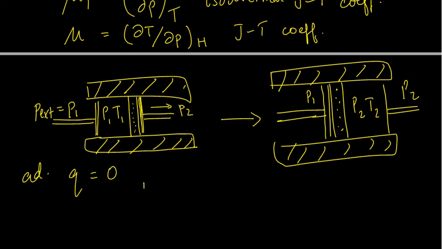So work done on the left side is equal to plus P1 times V1, and work done on the right side, it goes from 0 to V2 and the external pressure is P2, so minus P2 times V2. Great.